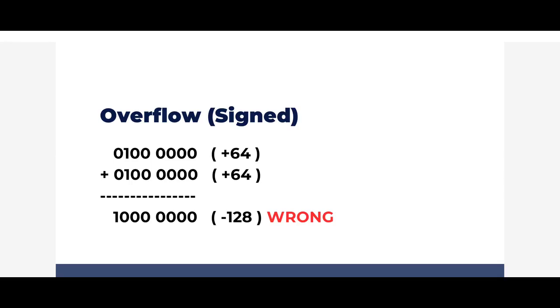As a result, we get 1 and 7 zeros, but it is wrong for signed numbers because we change the most significant bit, and it means negative 128, and it's called overflow. This concept is important because we'll work with some flags which help us learn how to compare two digits at the hardware level.